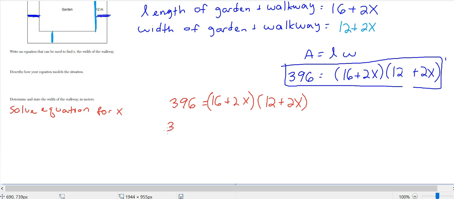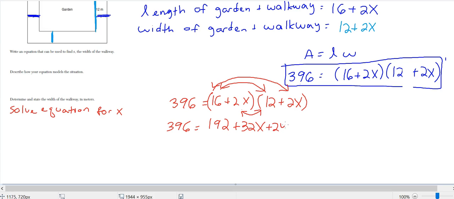So 396 is equal to, first times first, 12 times 16 is 192. Outer is 2x times 16, which is 32x. Inner, 2x times 12, is 24x. And then last, 2x times 2x is 4x squared.